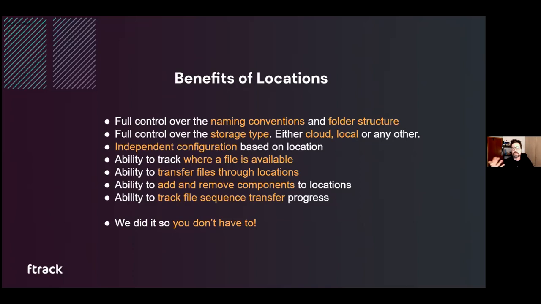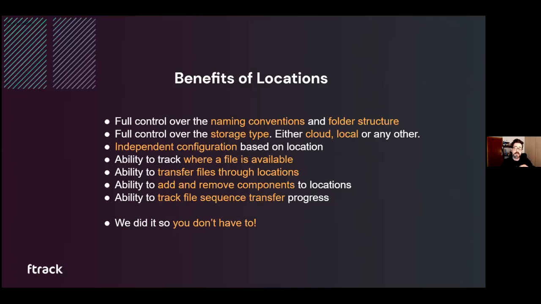Each location is registered in the database, yes, but we're going to look at these in detail later. The location entity is registered remotely, but its plugins are local, which means that you can have independent configuration based on the location itself.